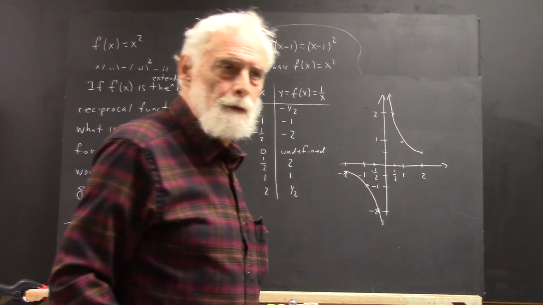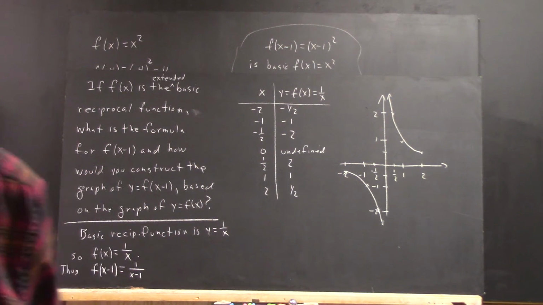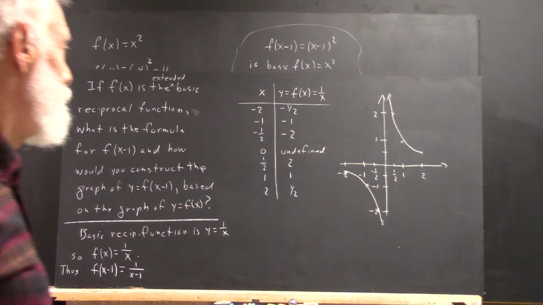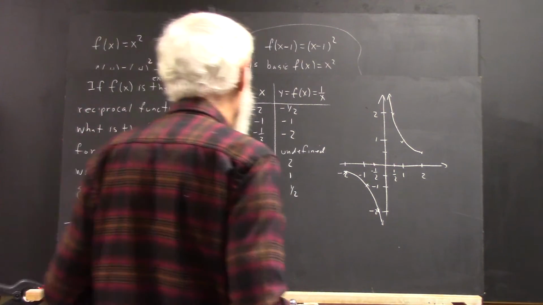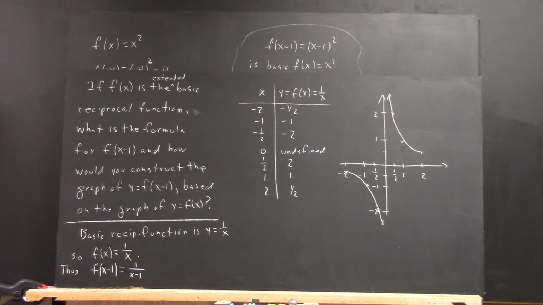Then, what did we see over here? If we want f of x minus 1, if we replace x by x minus 1, that should shift every point 1 unit to the right. Okay?